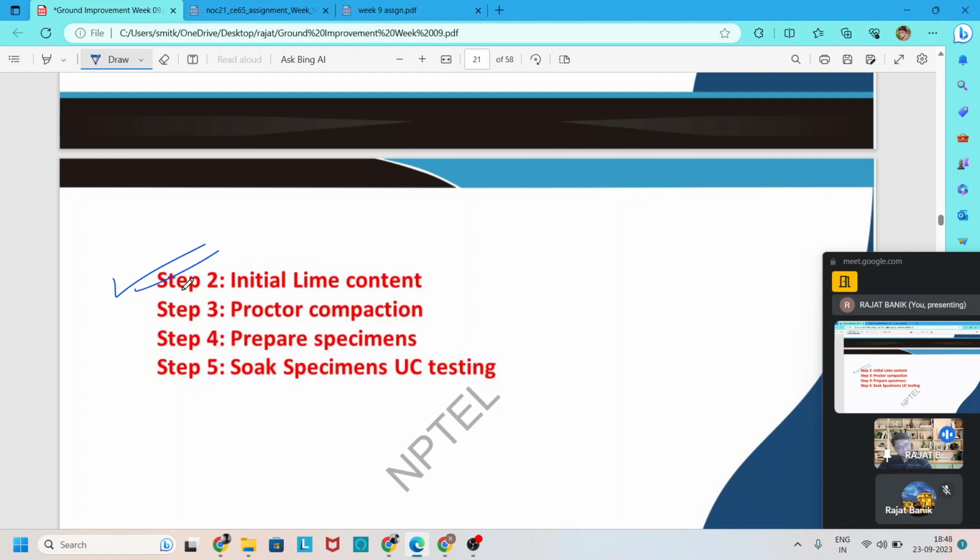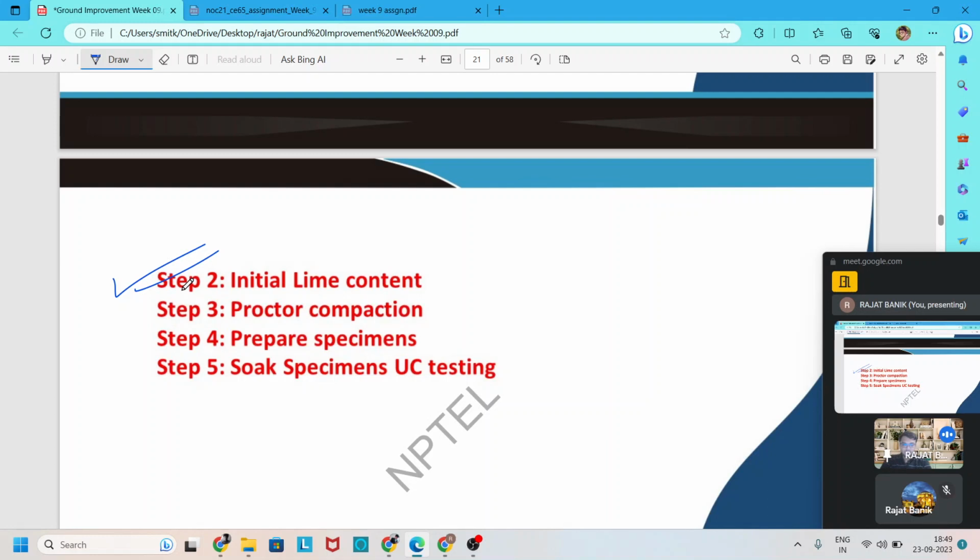After finding it out, we mix this lime into our soil, and after that, to further improve it, we use compaction. For that we use Proctor compaction. By Proctor compaction we determine the soil's optimum moisture content and also the maximum dry density.